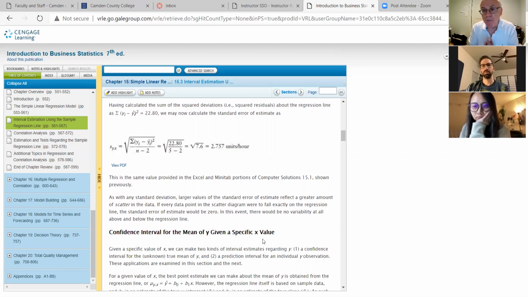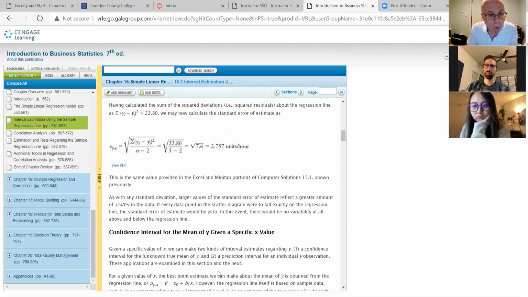Remember, this is a sample, right? This information about y and x is not the whole population, it's sample data, right? Sample of x's and y's. So we don't know what the mean of y really is, or the mean of x. We can just estimate it from the sample, correct?